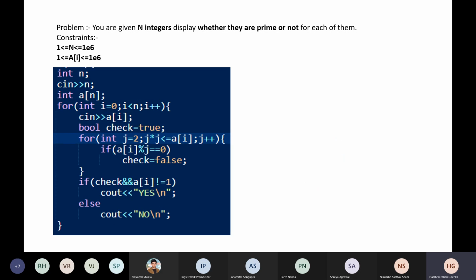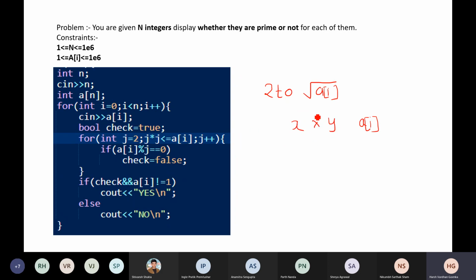So we need to improve it, and we will go for the solution which somebody said just now: we go from 2 to square root of ai and check if there is a factor of it. So why does this idea work? Let's say I write ai as x into y.